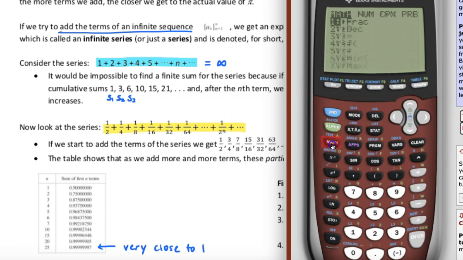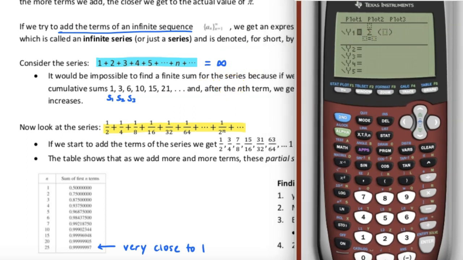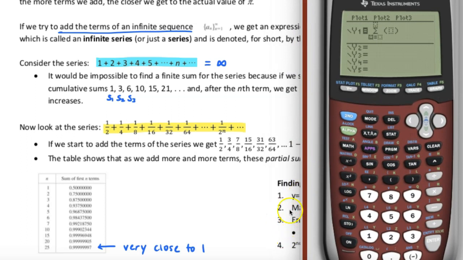And so I'm actually going to go to math, and then if I keep scrolling down, I can find the summation. So this is summation, item 0. If you have one of the newer calculators, you're going to get something that looks like what we see this notation being. If you have an older calculator, I think this is only valid for the TI-83, there are instructions for your inputs on this worksheet.